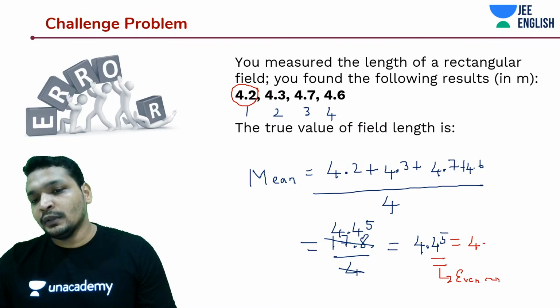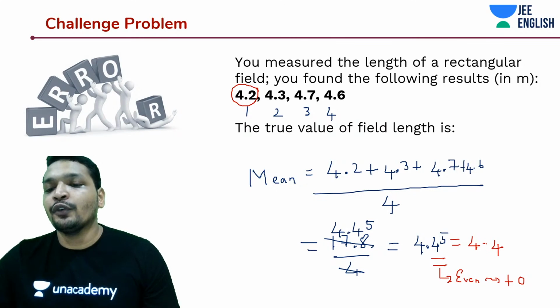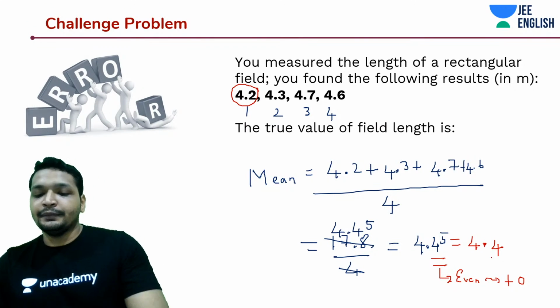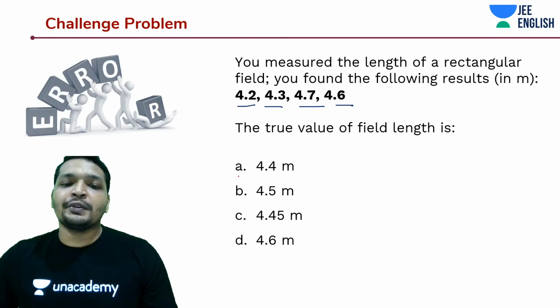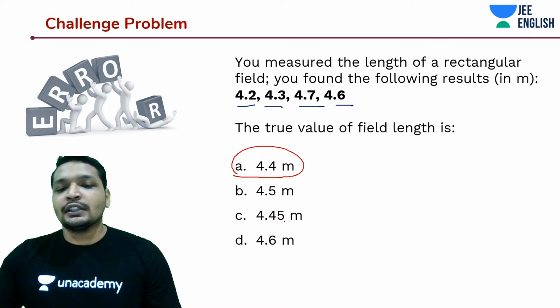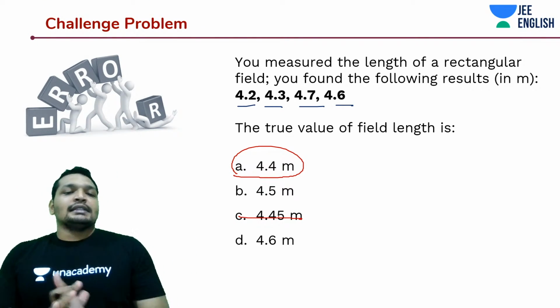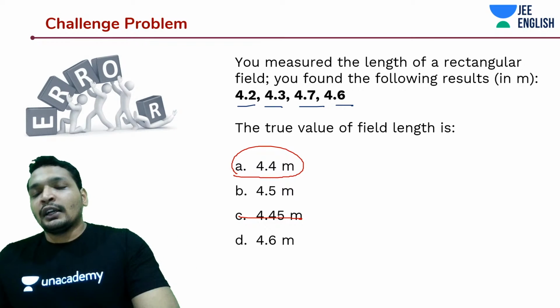It is only 5 followed by zeros, so round to even, which gives 4.4. So it should be option A. You're not going to say it's 4.45. That's about your actual or true value.